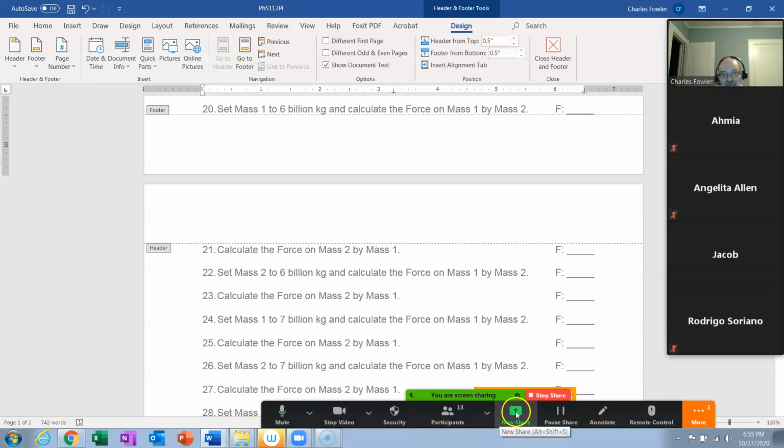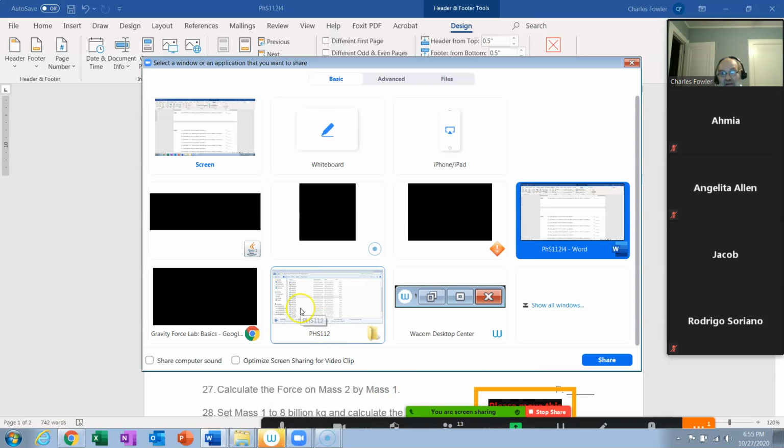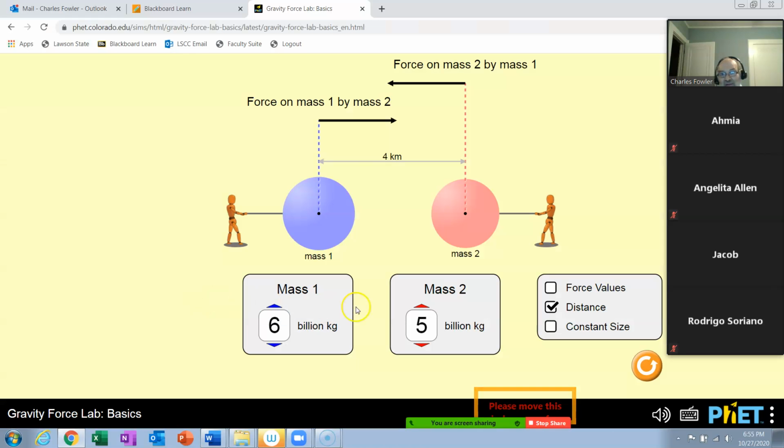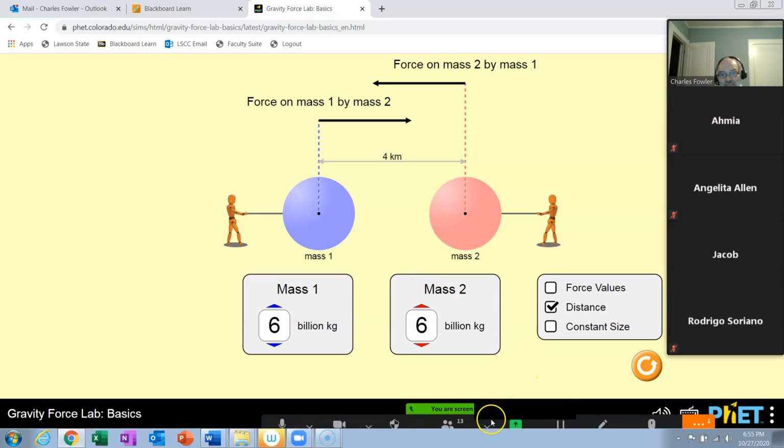So let's go to here and bump that up to 6 billion kilograms. Okay? Look how the forces are getting bigger and bigger and bigger. Okay? Now, but you see they're equal but just opposite in directions. Okay? So, let's go to a whiteboard.